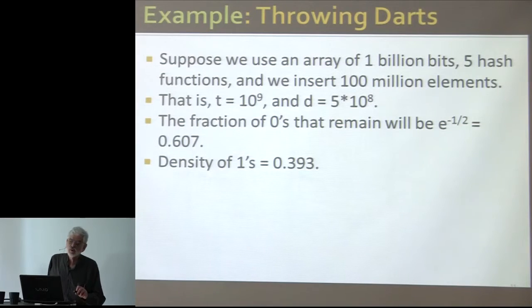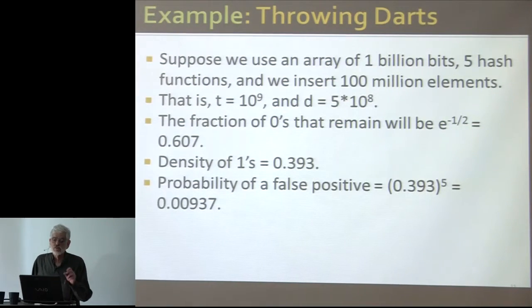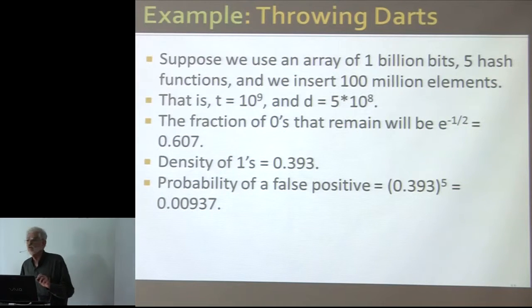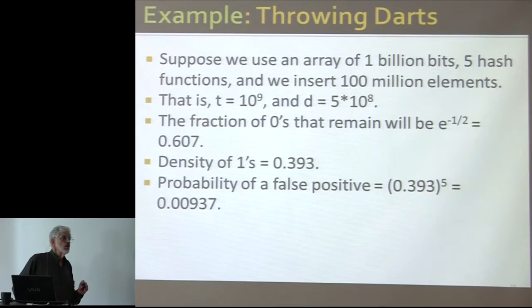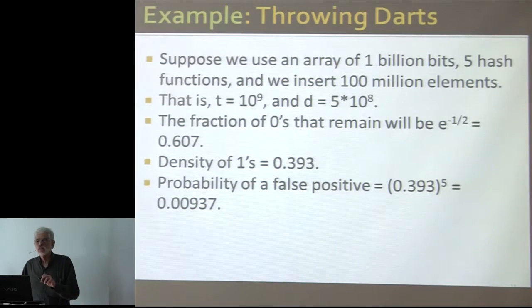That's 0.393, and therefore the probability of a false positive, remember, we have 5 hash functions, so it's 0.393 to the 5th power, and it's a little bit under 1%. Okay. So if I want to look up an element, 1% of the time when it is not present, I will say falsely that it is. But that's all it is, just 1%.